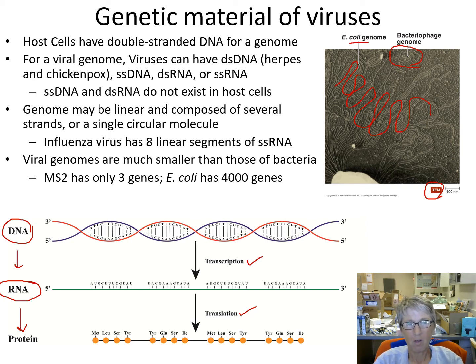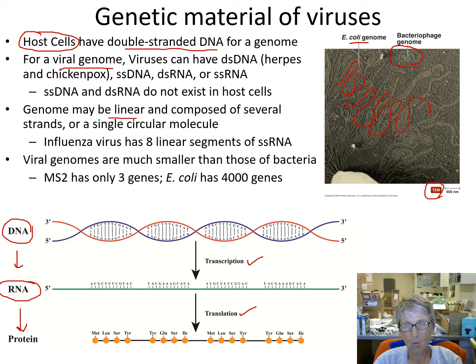So host cells, our eukaryotic cells for example, have double-stranded DNA for a genome. So we have 23 pairs of chromosomes, and they're double-stranded in our human genome. And we talked about this already. If you're a viral genome, you can have single-stranded or double-stranded RNA or DNA.